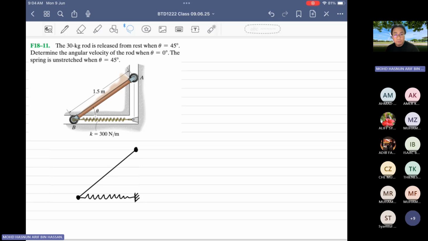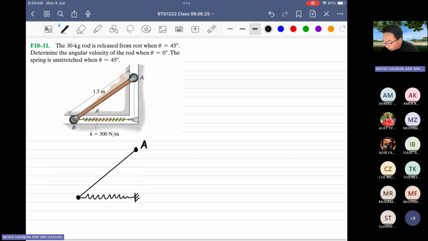Can anyone tell me? When theta equals to 0, is the rod vertical or is the rod horizontal? Which one? Horizontal. Horizontal, correct.